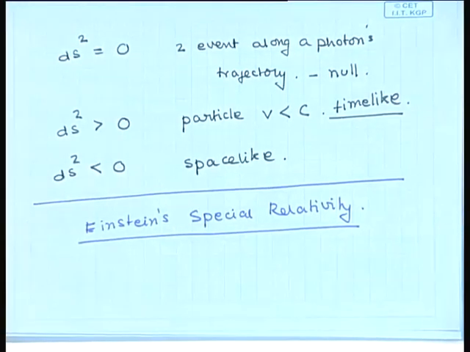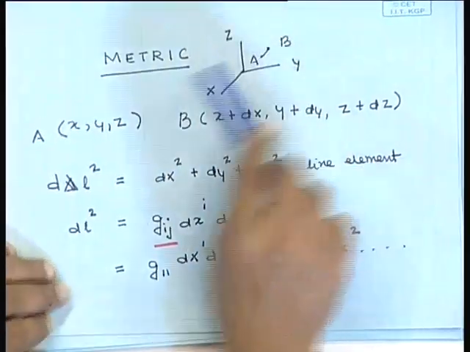Okay, this is a point which I should have mentioned earlier. Let me just go back a little bit. Before coming to Einstein's special theory of relativity, let us consider the length between 2 points.